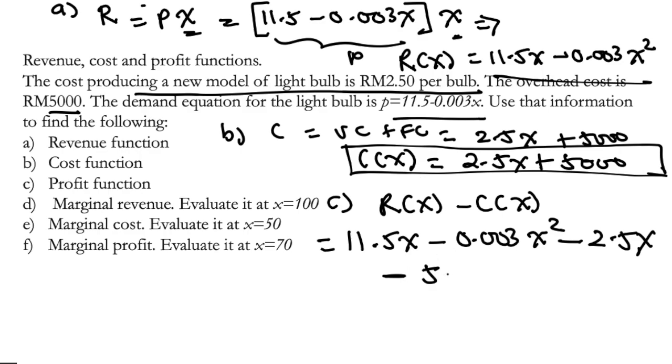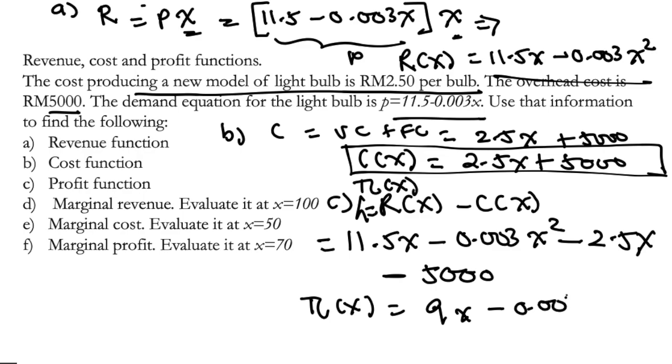So here 5,000. Simplify, and I call this pi, or in English you call it pi, I call it p. So 11.5x minus 2.5x, you have 9x minus 0.003x squared minus 5,000.